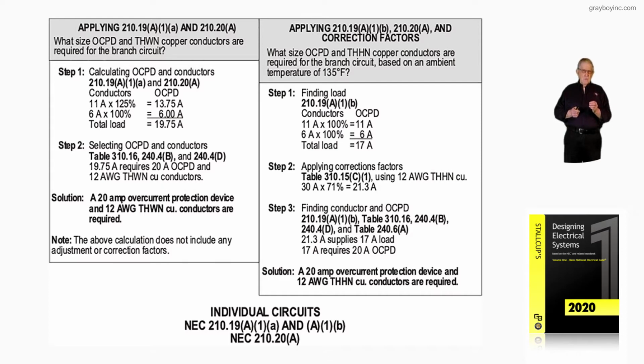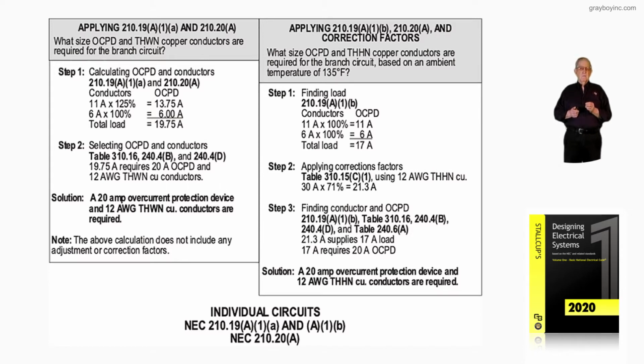Now notice conductors and overcurrent device are shown here. And the reason for that, the conductor sized at 125% for continuous load, as we said previously, derates the loading or reduces the loading of the overcurrent device to 80%.